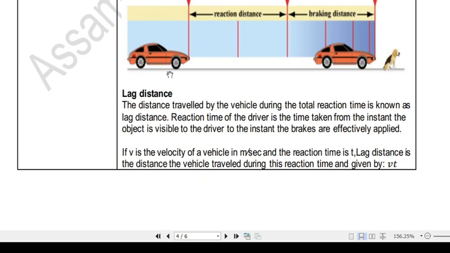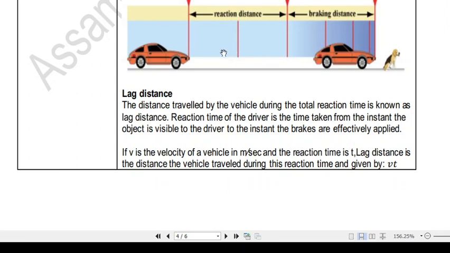Now suppose v is the velocity of a vehicle, or suppose 30 km/h is the velocity of that vehicle. If the reaction time is 2.5 seconds, the distance covered during that time would be 30 into 2.5 seconds.